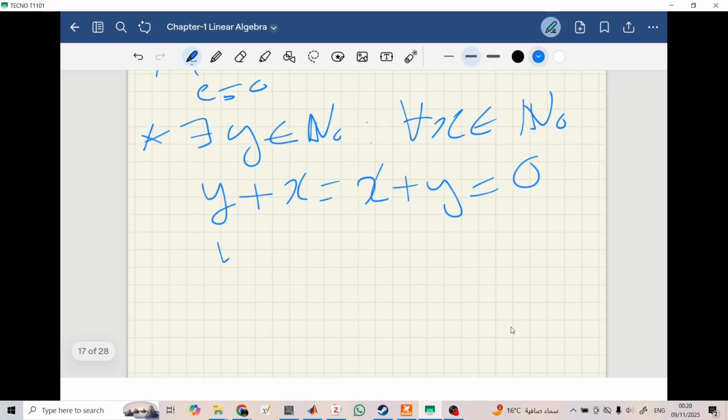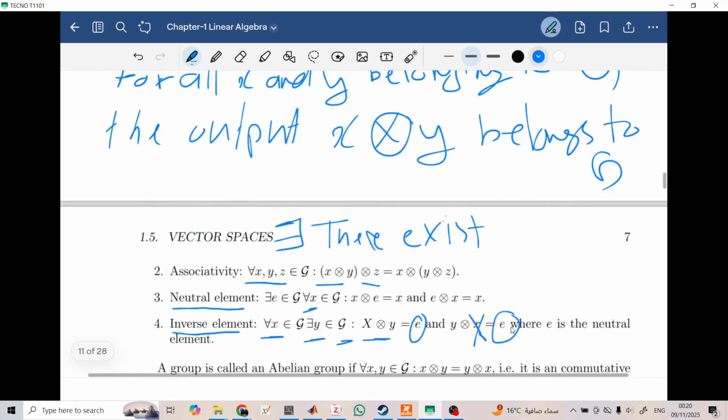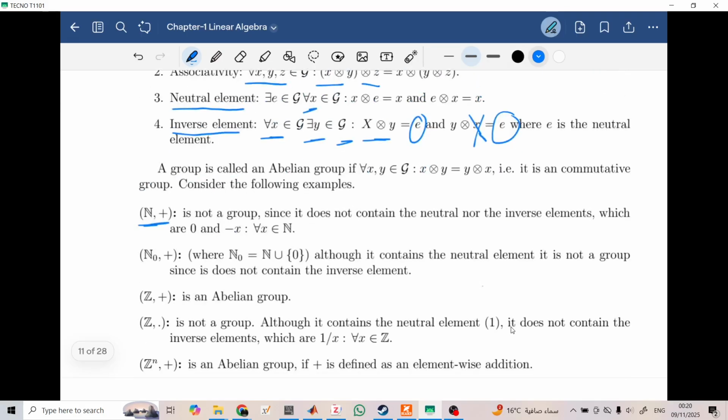This means that y is minus x, and this does not belong to the natural numbers, because the natural numbers do not include the negative numbers. Okay, so this is the trick in this case.